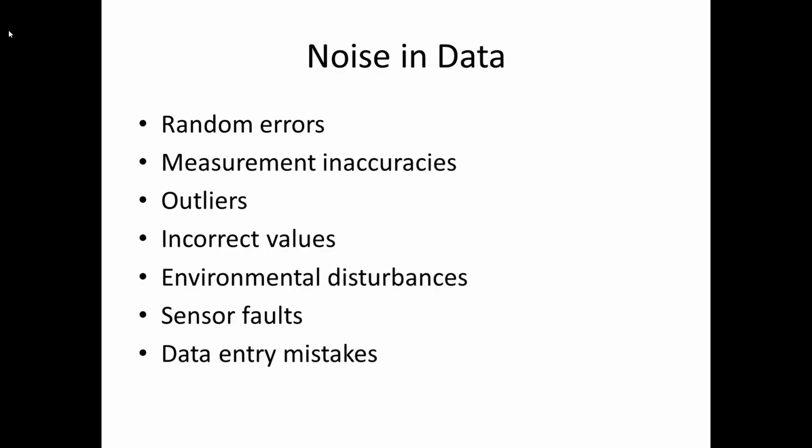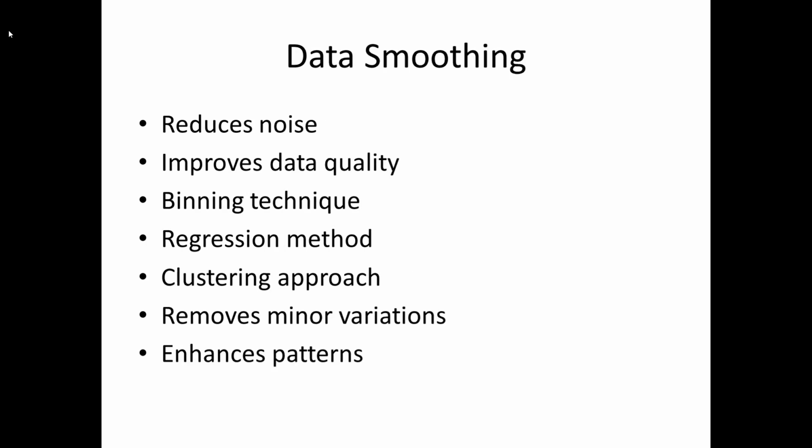Noise in data. It comes from random errors, measurement inaccuracies, outliers, incorrect values, environmental disturbances, sensor faults, and data entry mistakes. What is meant by data smoothing? Data smoothing is used for reducing noise in the data and improves data quality.